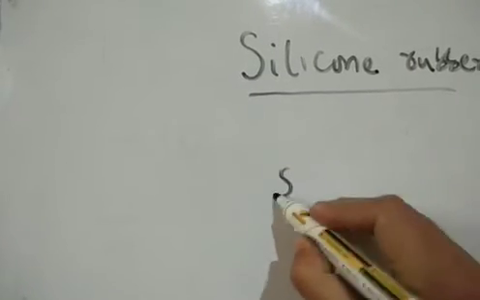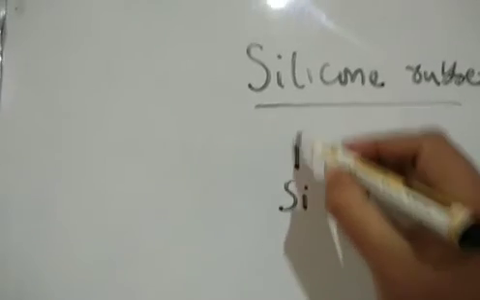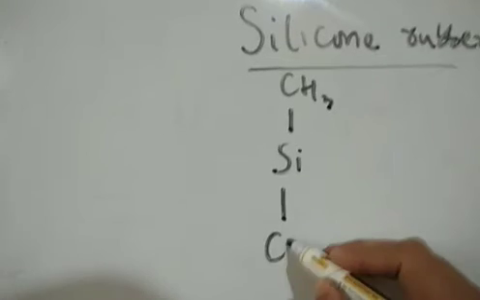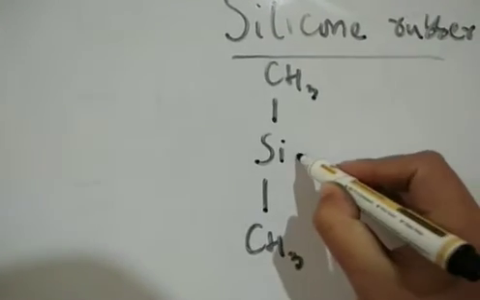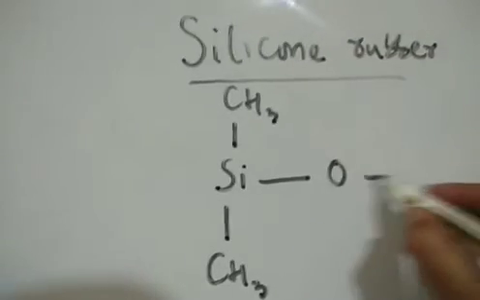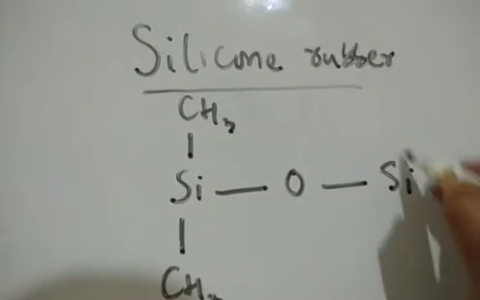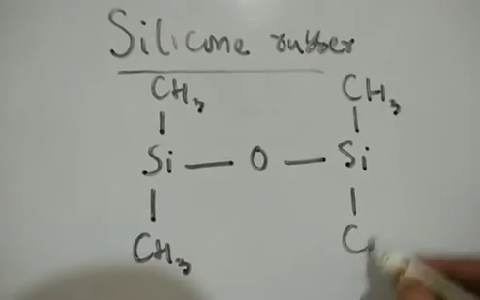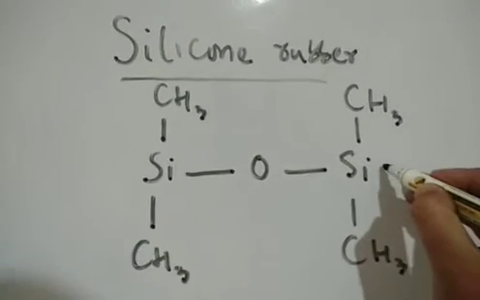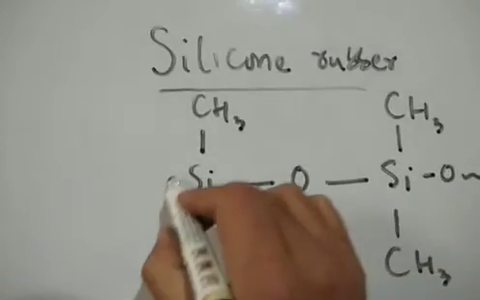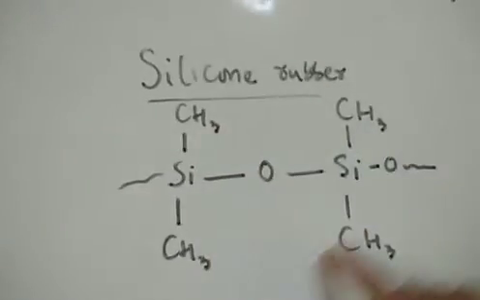You have a silicon atom here, then a methyl group from one side. This is another methyl group from here. So the silicone rubber contains the core structure, that's oxygen. Then one more silicon atom joined from here. So this is CH3, and then the process continues. So this unit gets repeated in the silicone rubber.